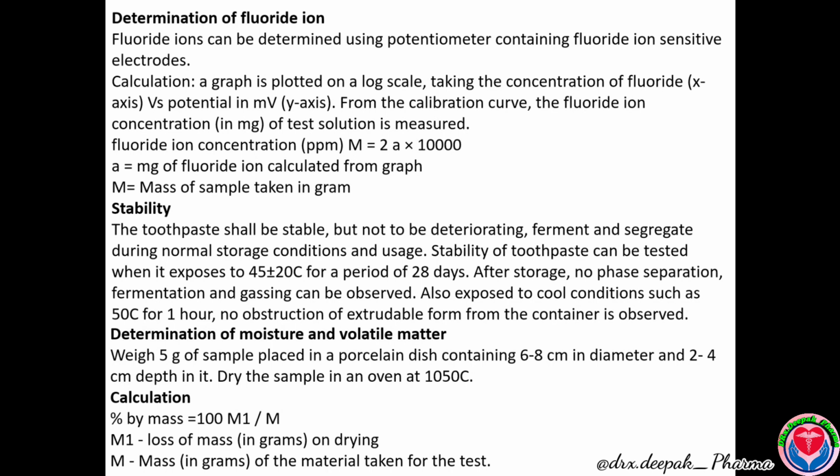By using that particular instrument, we can determine the fluoride ions. Now, stability and determination of moisture are all done on the basis of hot air oven and stability studies.